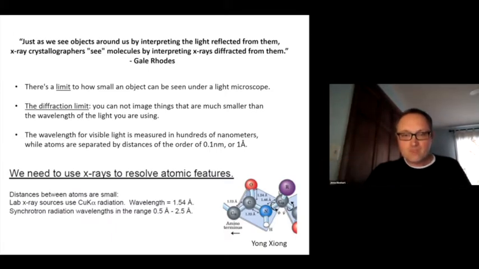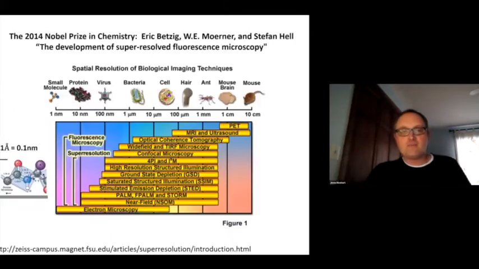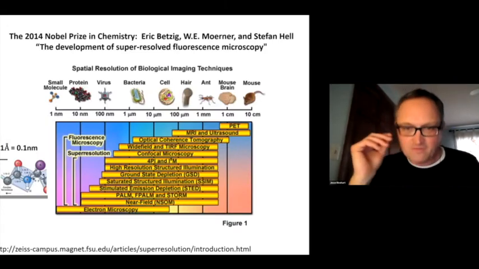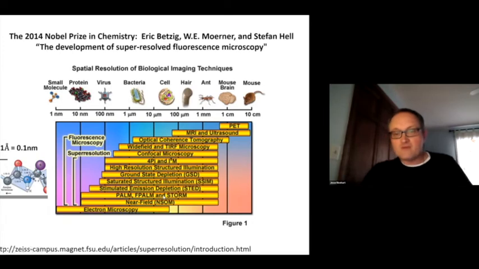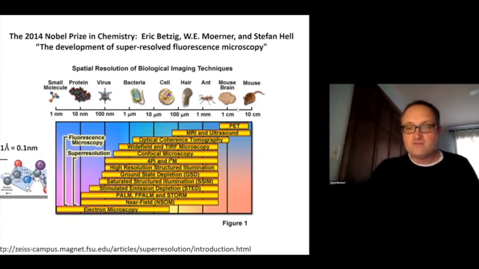Okay, and a simpler way to think about this is, and I love this figure because it maps all the different types of imaging technologies according to their resolution. Up here you have from a mouse down to a small molecule and everything in between. Most of these techniques are using visible light to determine things that are as big as a mouse all the way down to the size of a virus.